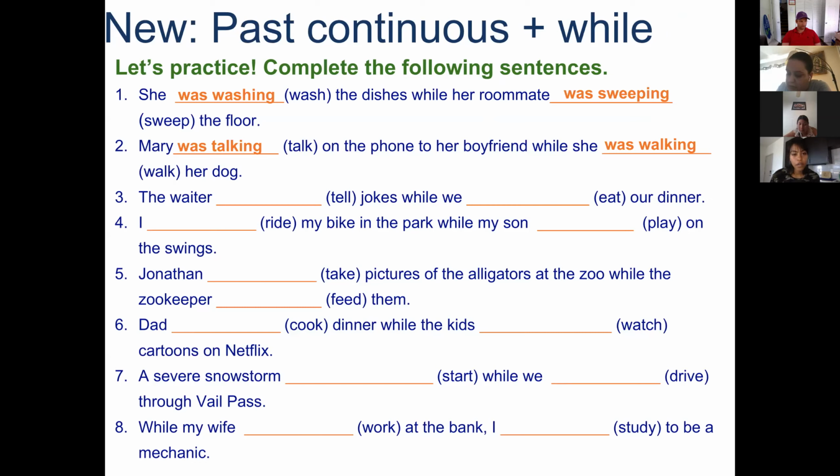The waiter was telling jokes while we were eating our dinner. Good. I was riding my bike in the park while my son was playing on the swing.